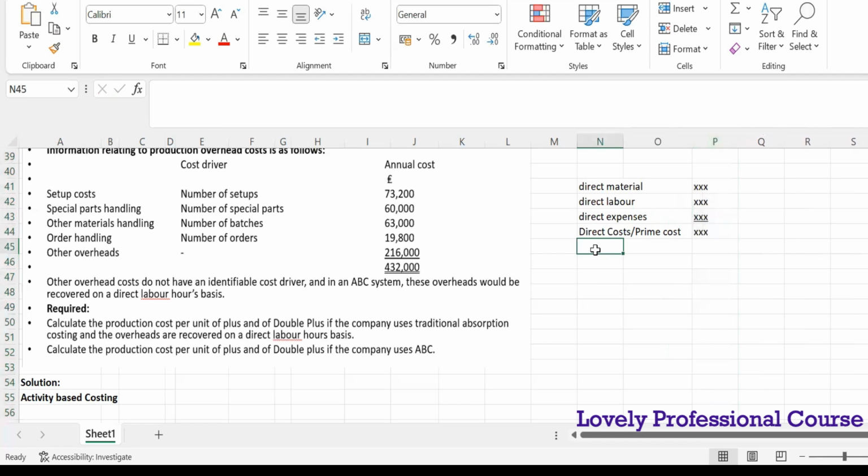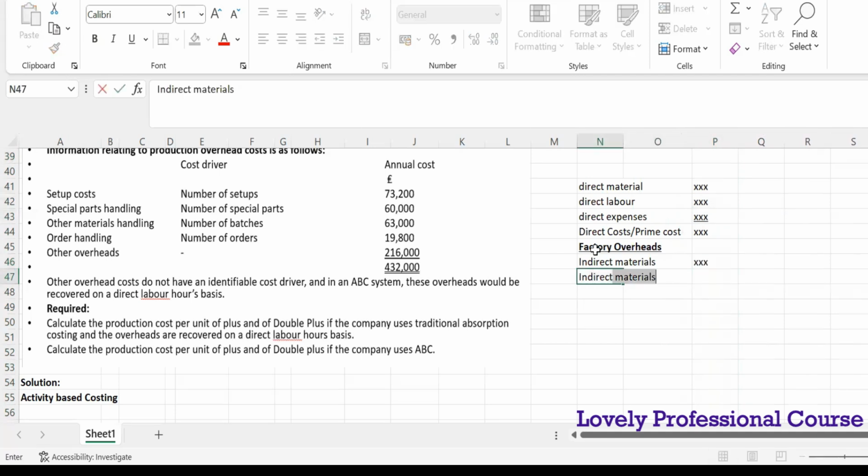After this, you're going to add all factory overheads. We have different factory overheads, such as indirect materials, indirect labor, like salary or wages paid to supervisors, wages paid to salesmen. Those are indirect labor costs. Then indirect expenses.